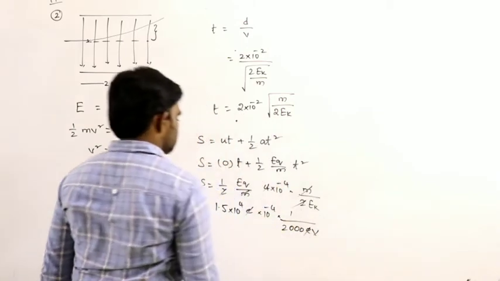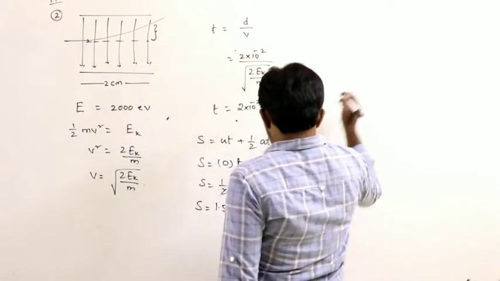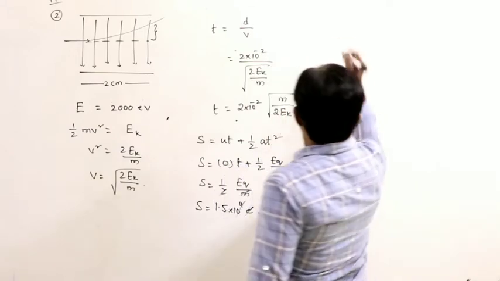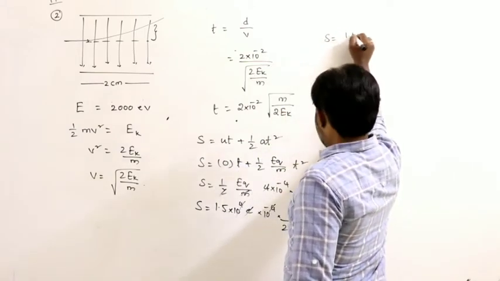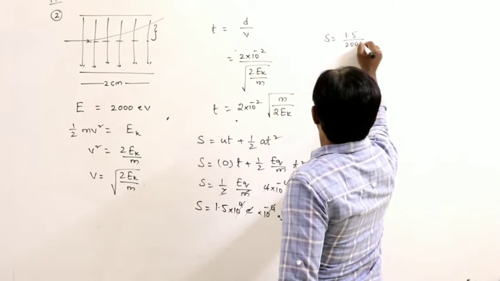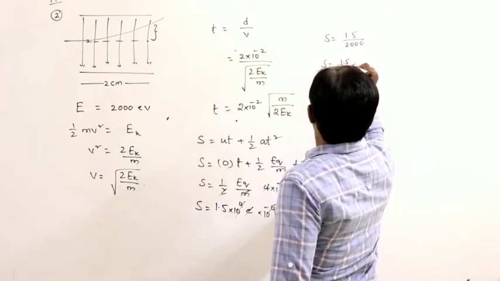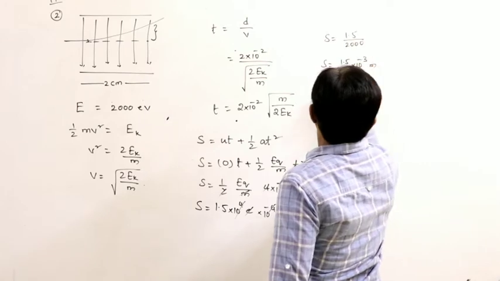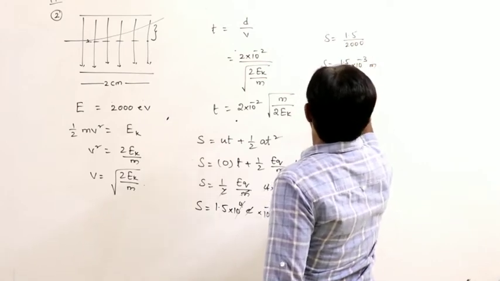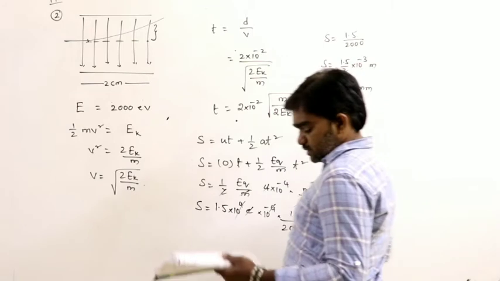This e gets cancelled, and plus 4 minus 4 gets cancelled. S is equal to 1.5 by 2000. S is equal to 1.5 by 2 into 10 to the power of minus 3 meters. S is equal to 0.75 millimeters.